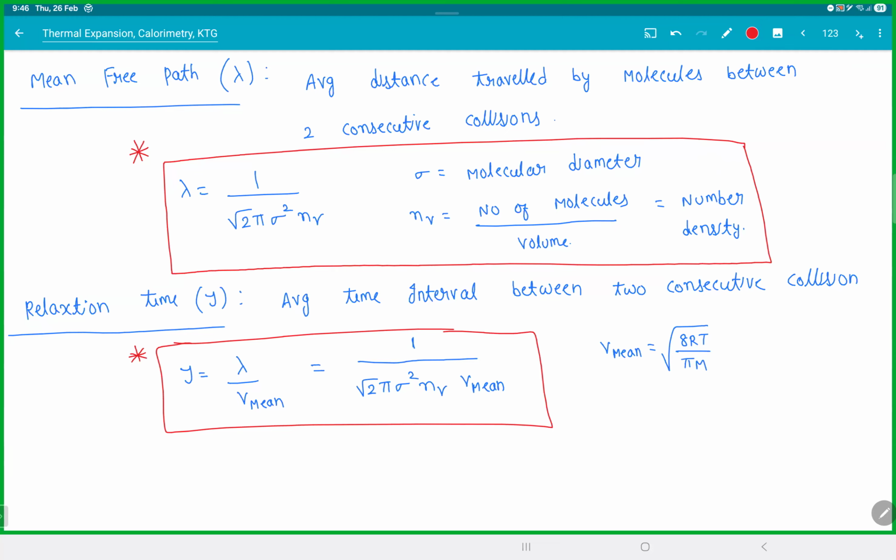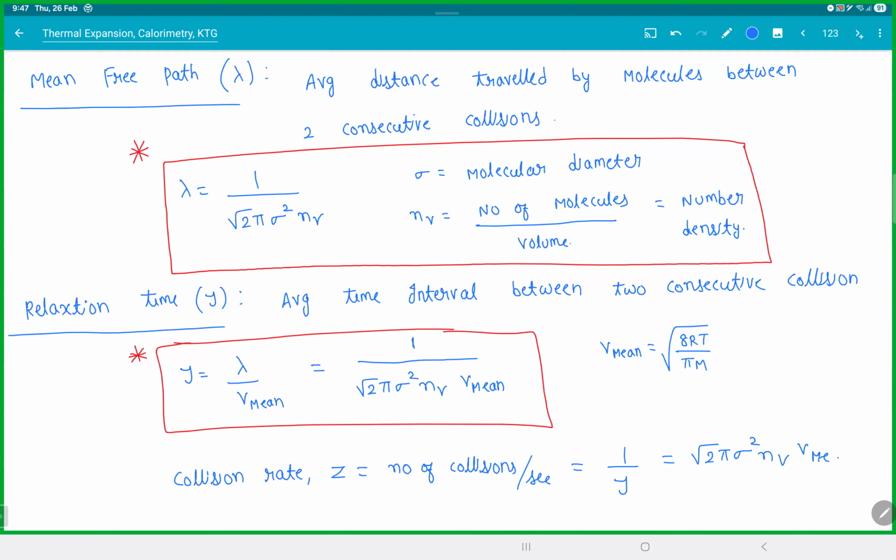Now, if the time interval between two collisions is 0.1 second, that means in 1 second, how many collisions are happening? 10 collisions per second. So we define something called collision rate. It is given by Z. This is simply the number of collisions per second. This is 1 by tau, which is root 2 pi sigma square NV v mean.